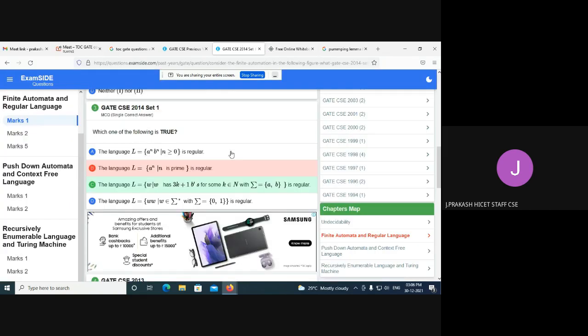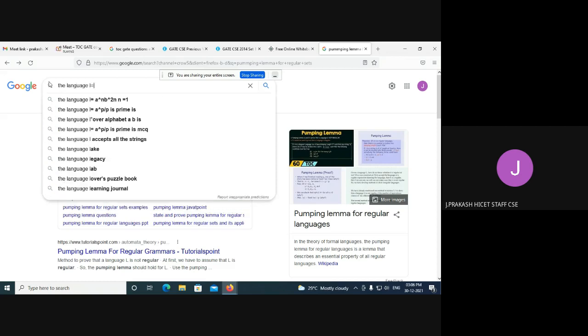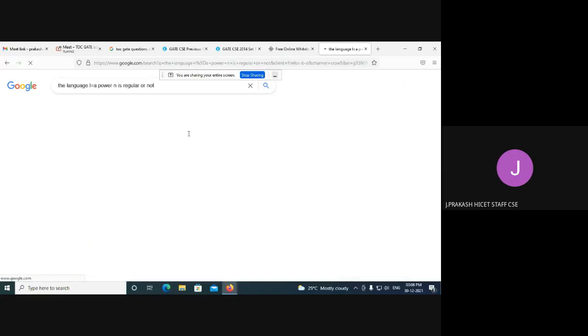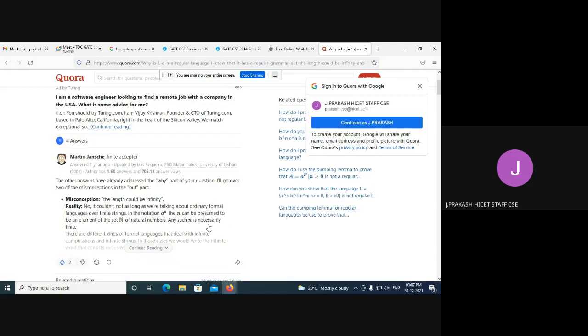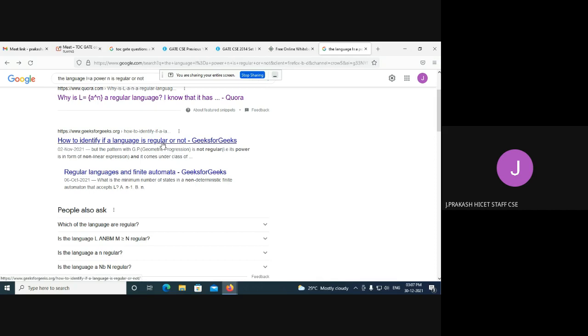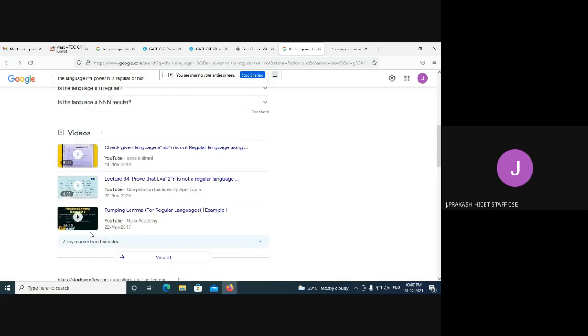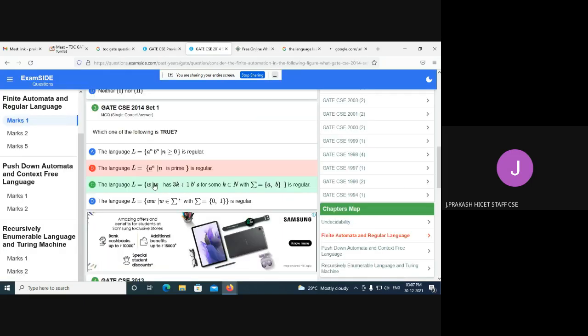There is a question. The language L equal to A power n, where n is a prime number.